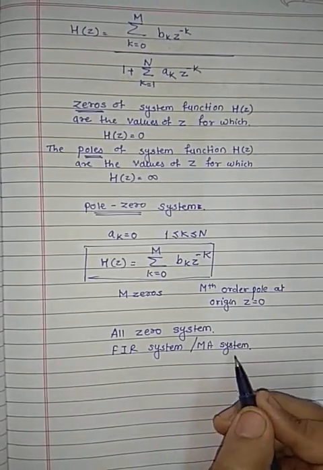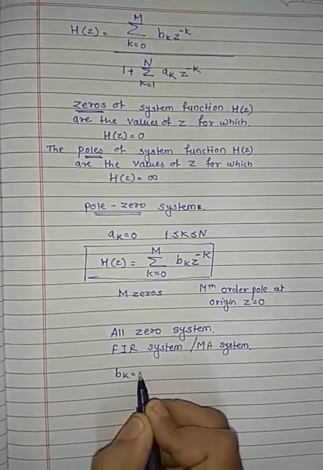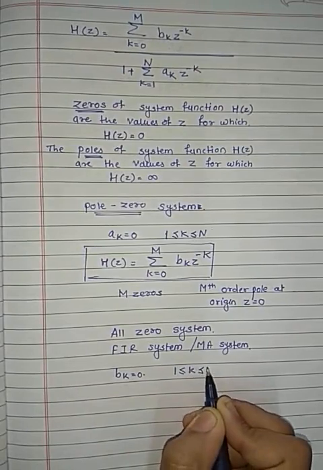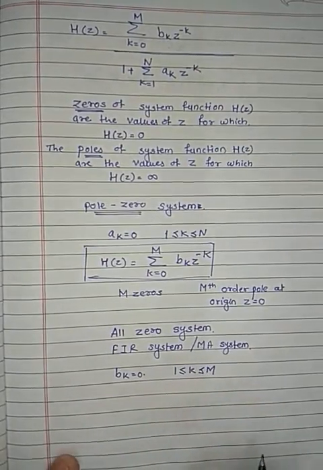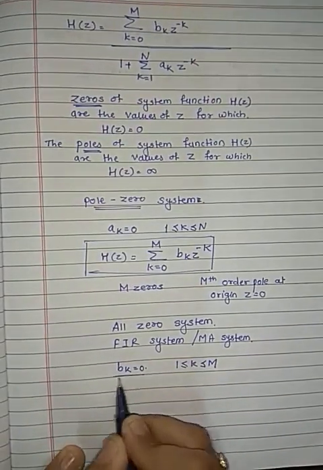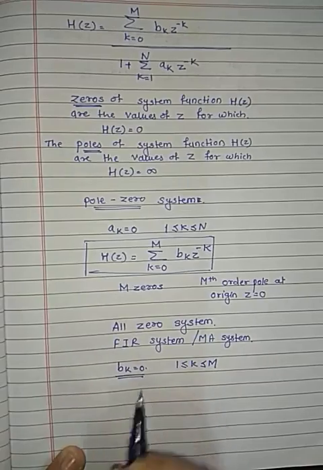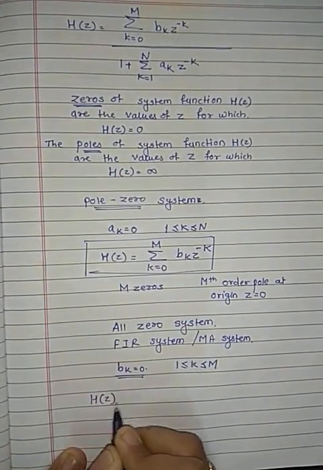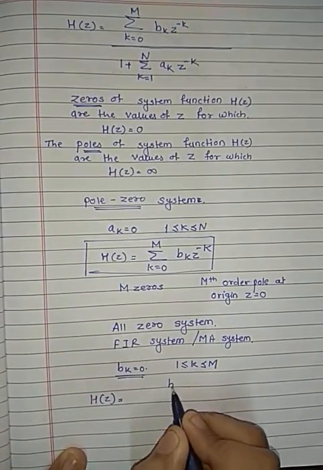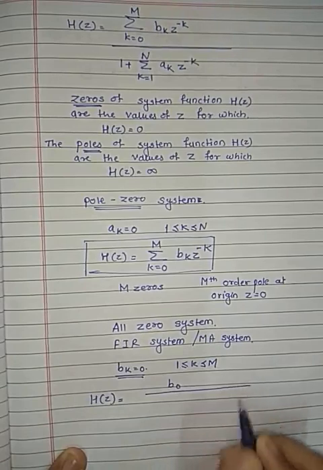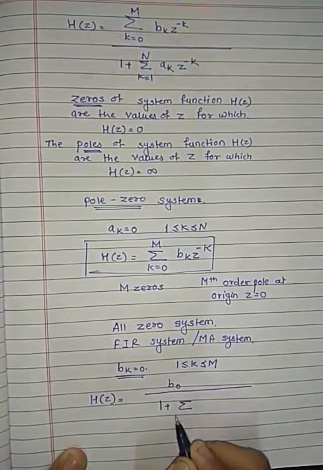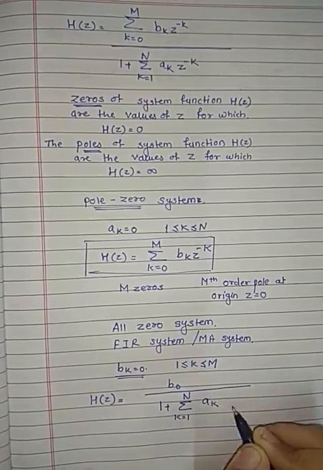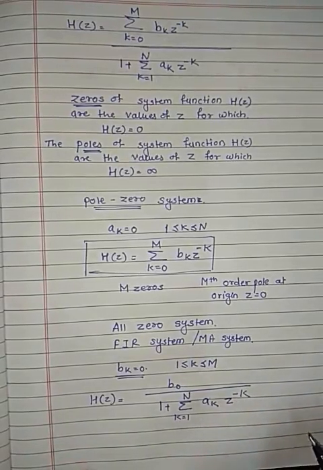On the other hand, if b_k is equal to 0 for k between 1 to M, then the system reduces to, if you replace the value of b_k equal to 0 in our equation of system function, H(z) = b_0 divided by 1 plus summation from k = 1 to N of a_k z^(-k).